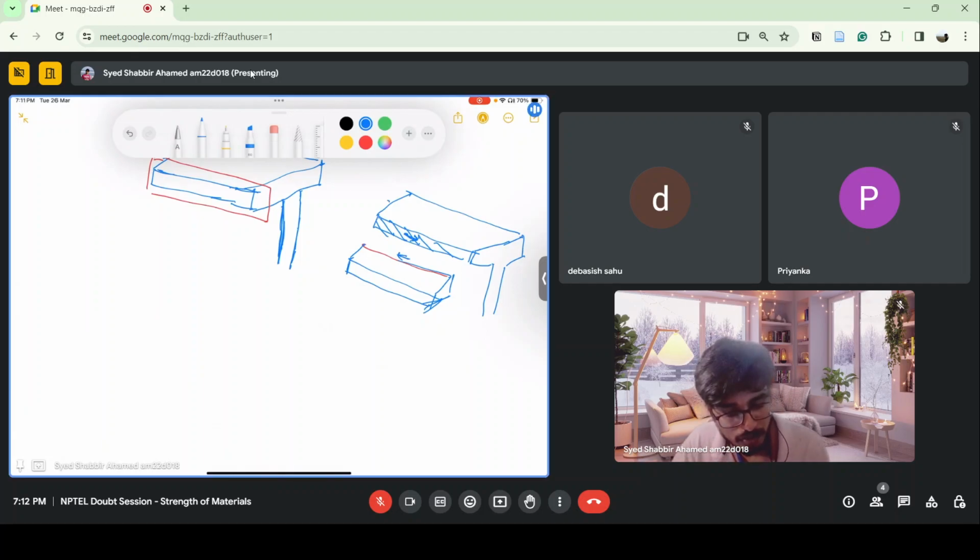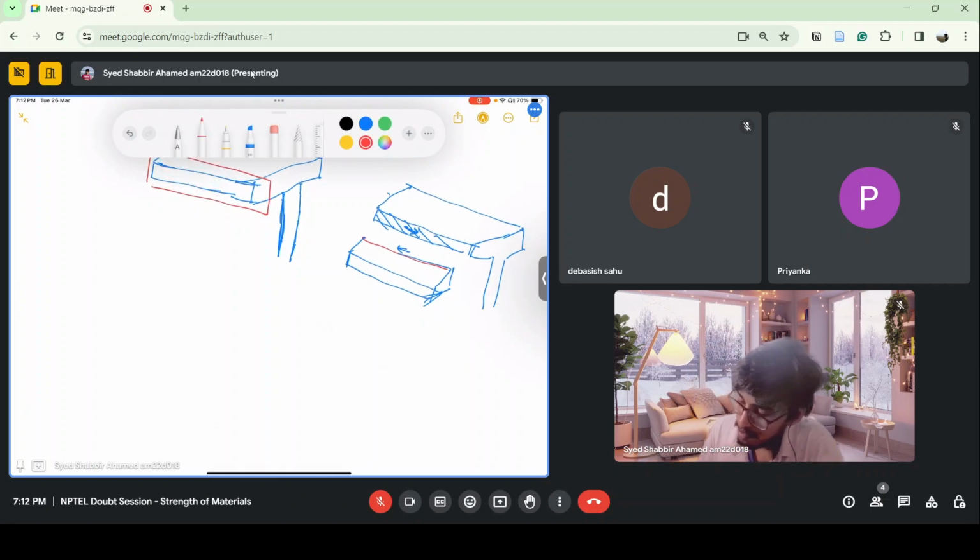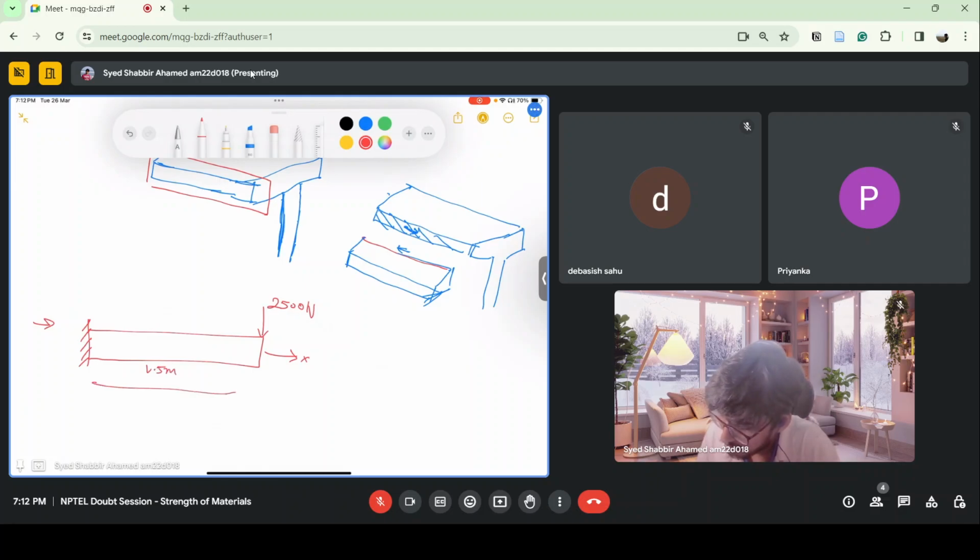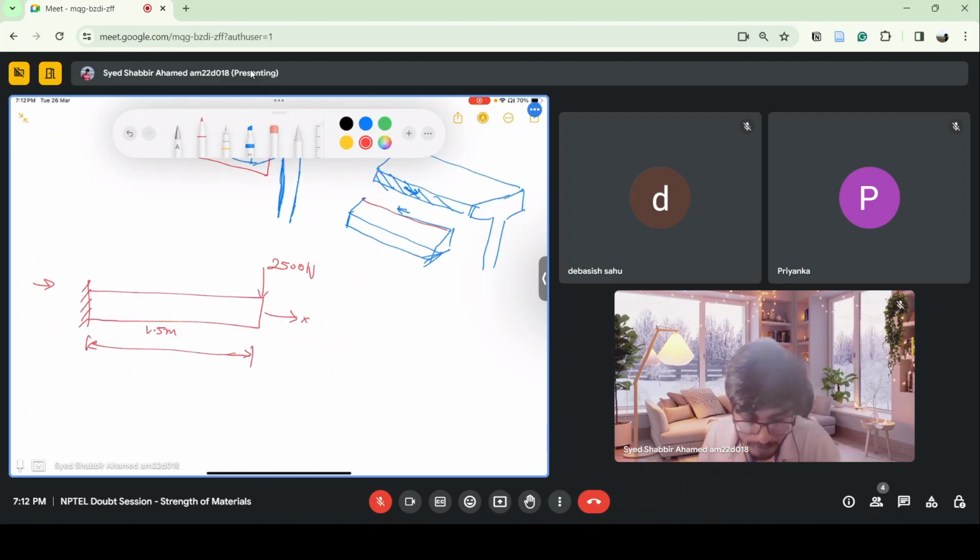Let's see a problem. We have a cantilever beam having some load at the free end, with the fixed end at x. The length of it is 1.5 meter.